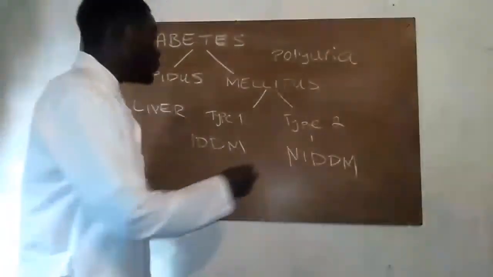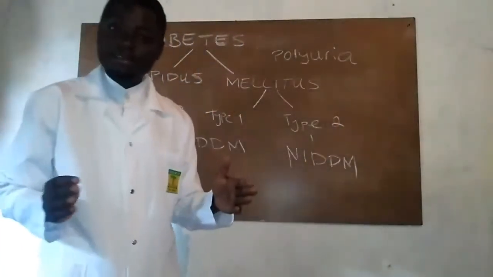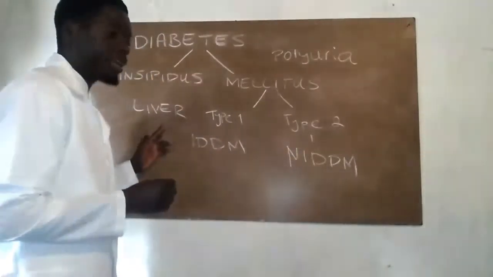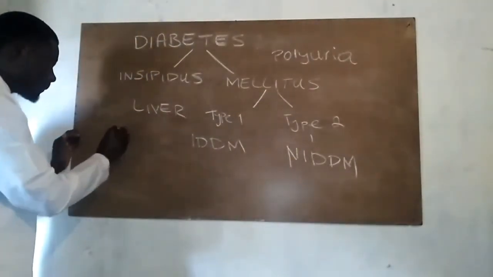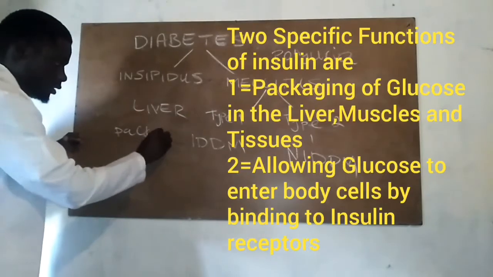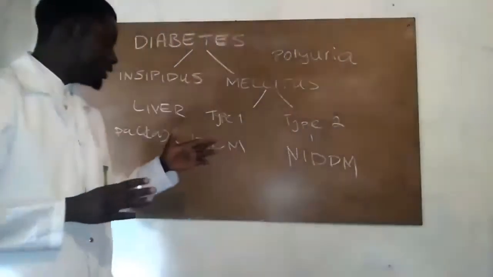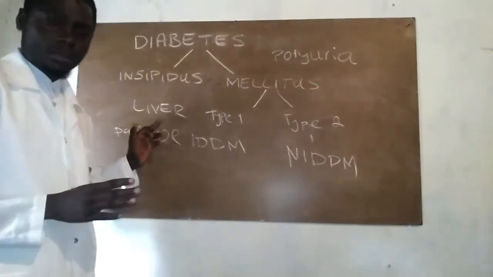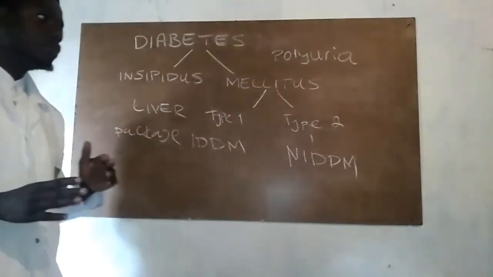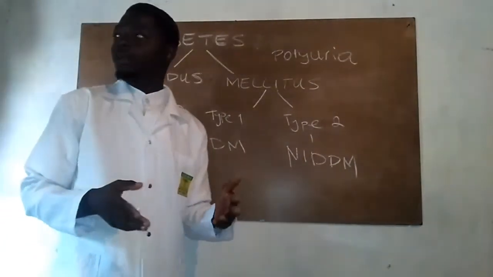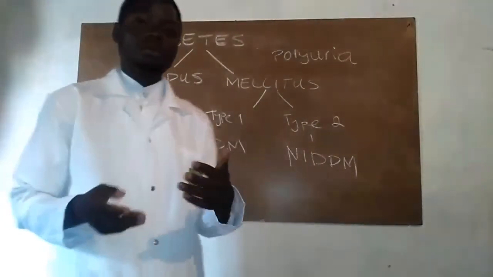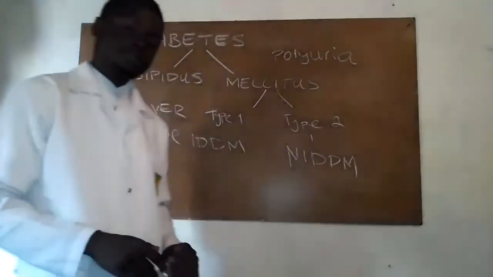One, it will bring glucose inside the cell. Two, it will package the glucose in form of glycogen and store it in the liver, where it can be used up when you are hungry, or maybe you've not eaten for quite some time.